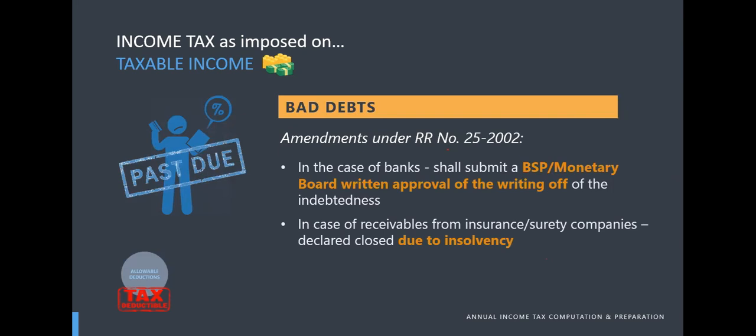So if a taxpayer has a receivable from any insurance company, they cannot just write off the account unless that insurance company is closed and declared insolvent.